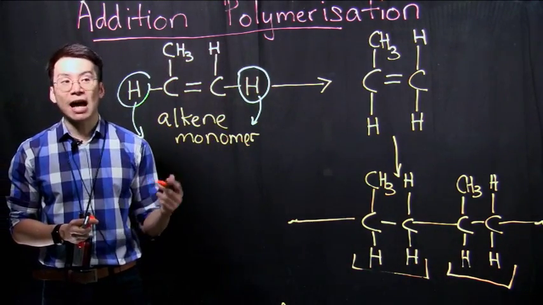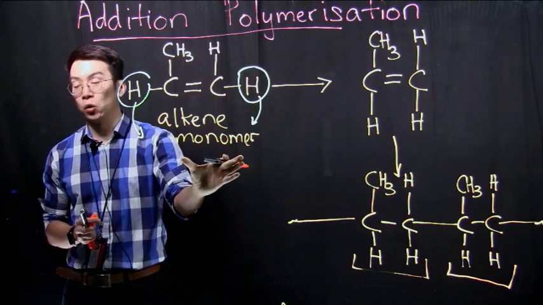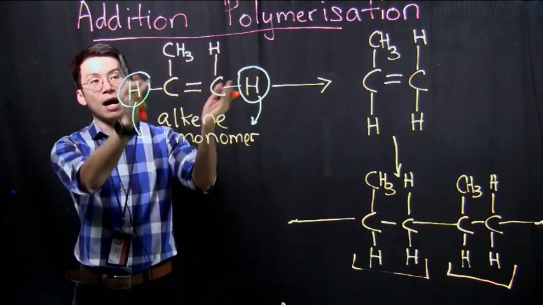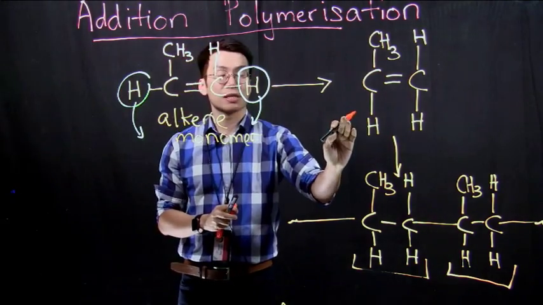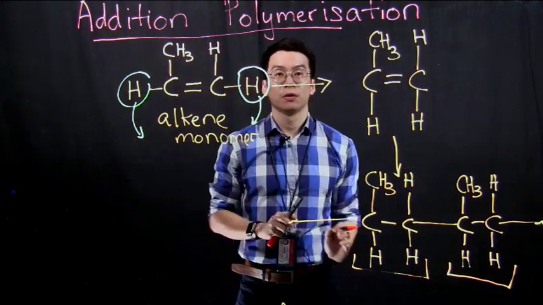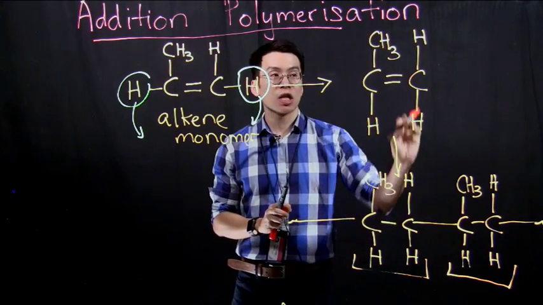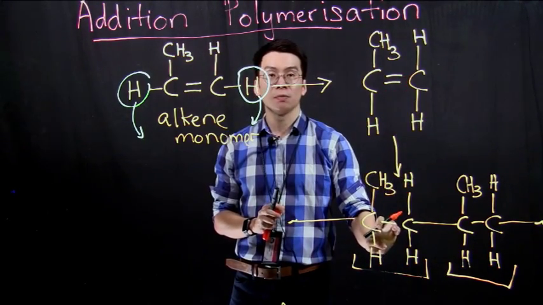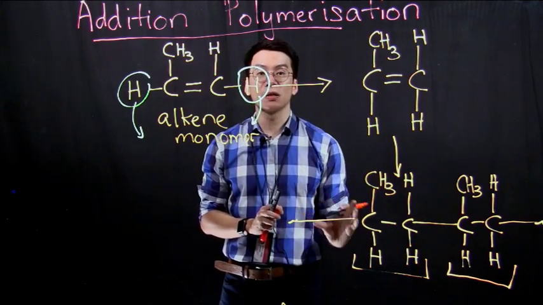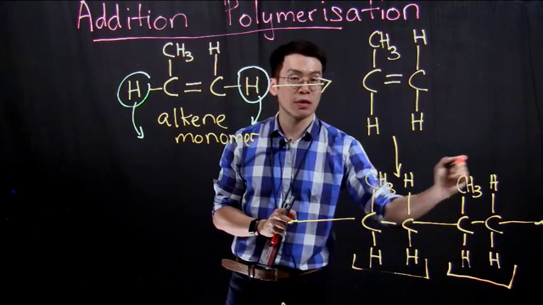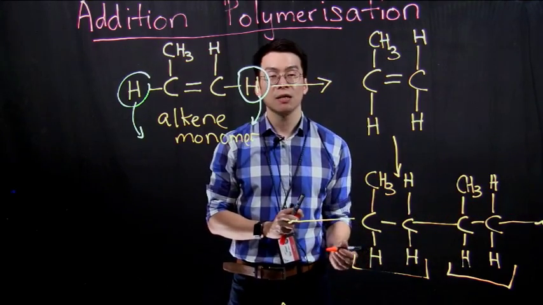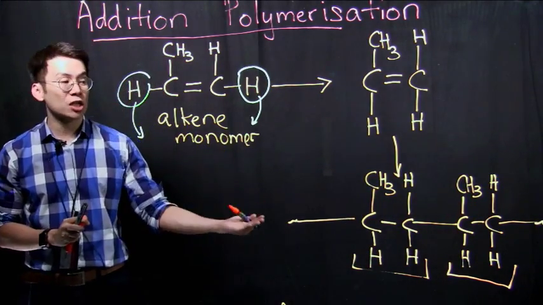First, given the alkene monomer, push the sides down or up to ensure that the left and right are clear. Then change the double bond to a single bond. If they say two repeating units, you draw one more time. If they say three repeating units, you draw one more time over here. This is how we draw addition polymers.